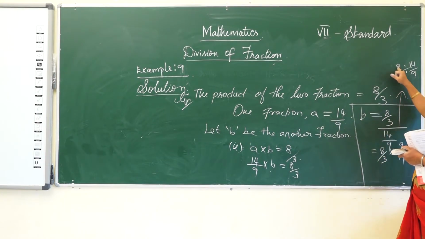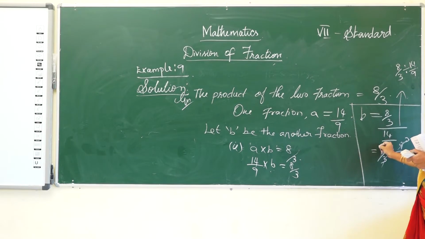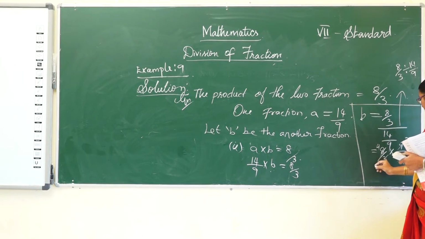So 8 by 3 stays, division changes to multiplication, and the reciprocal of 14 by 9 is 9 by 14. Now cancel in the 3 table: 3 ones are 3, 3 threes are 9. Then cancel in the 2 table: 2 fours are 8 and 2 sevens are 14.